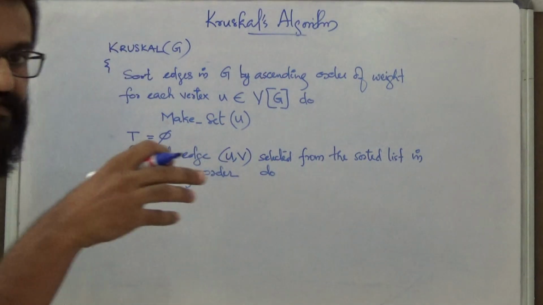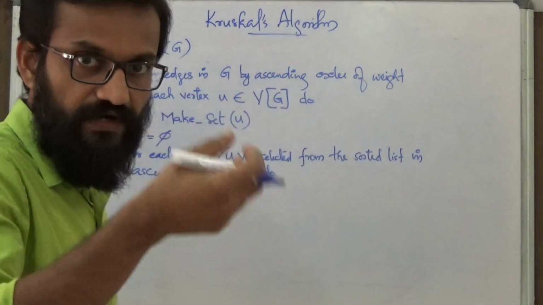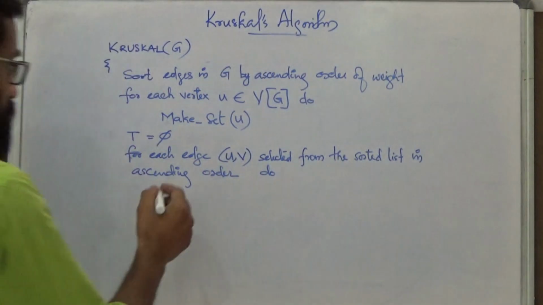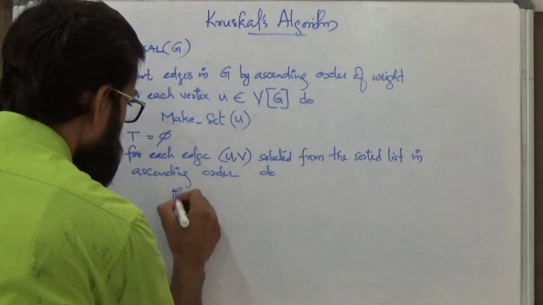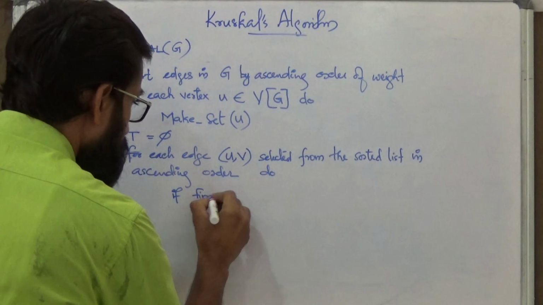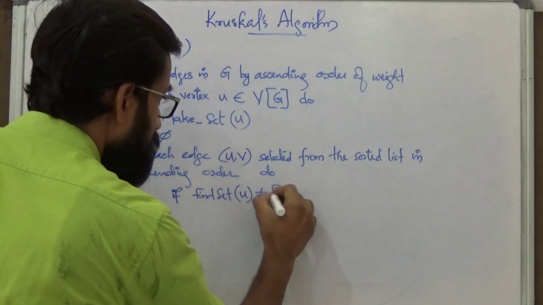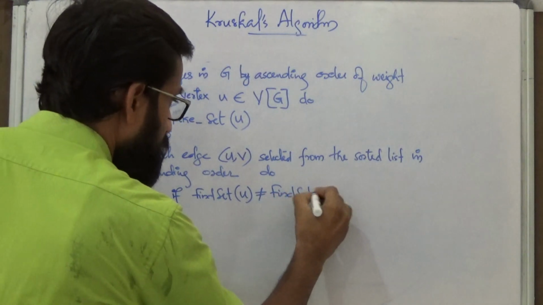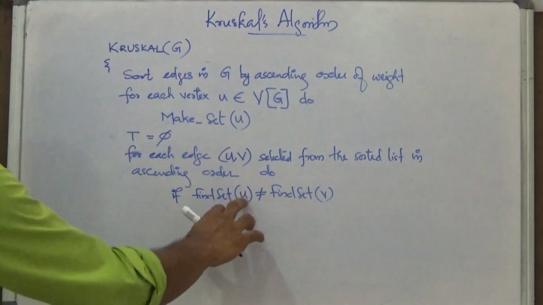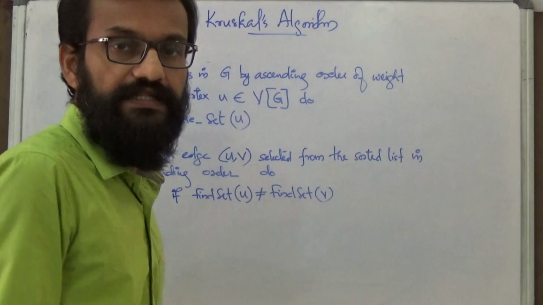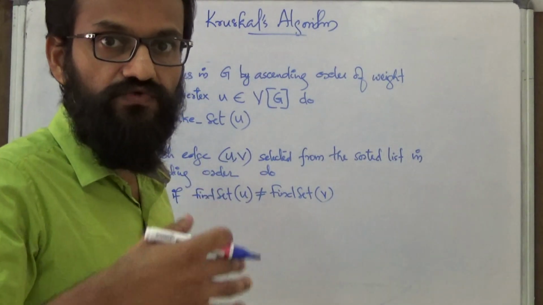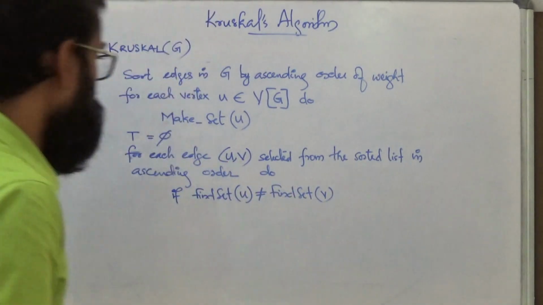So you have to pick edges in the sorted list one by one in the ascending order, and you have to check if find set u not equal to find set v. If find set u is not equal to find set v, then that means u and v lie in two different sets.